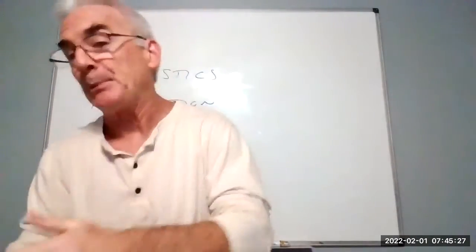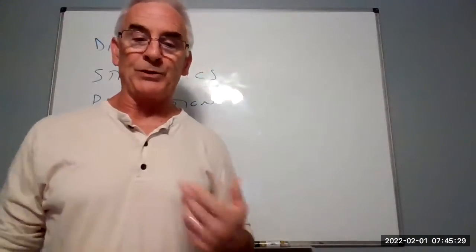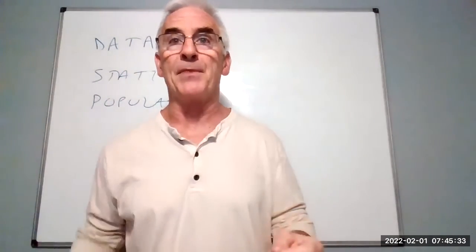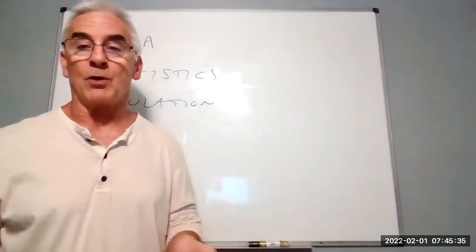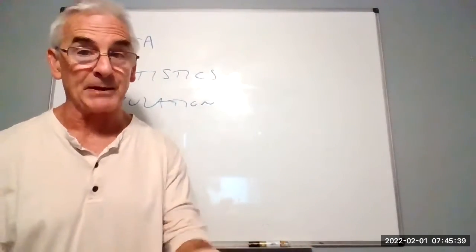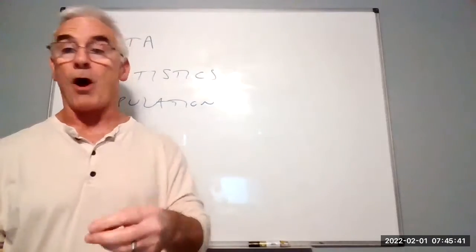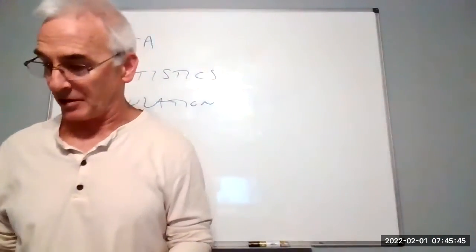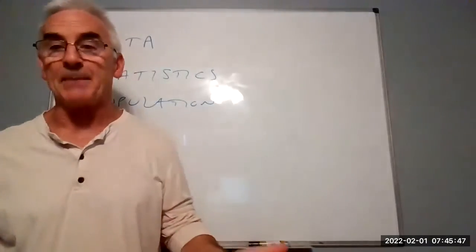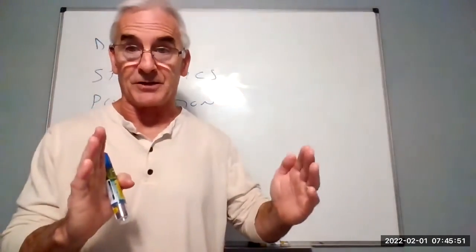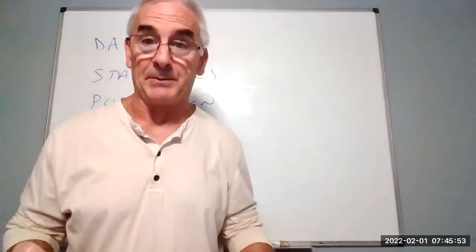It could be people in the United States. When you hear the word population, people always think of people. Well, don't think of people, but think of everything you're collecting. So I might just be talking about Mesa College. So my population might be all students at Mesa College, or all employees at Mesa College, or all people on campus at Mesa College. That would be an example of a population. So a population is every single item that you're studying. It doesn't have to be people. Okay.